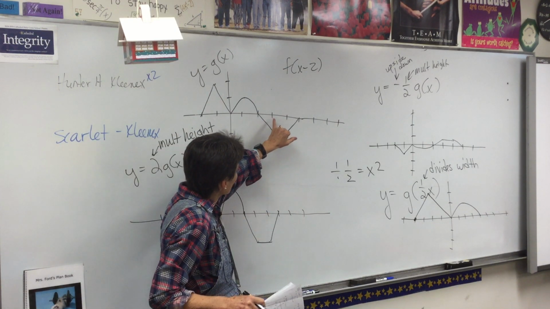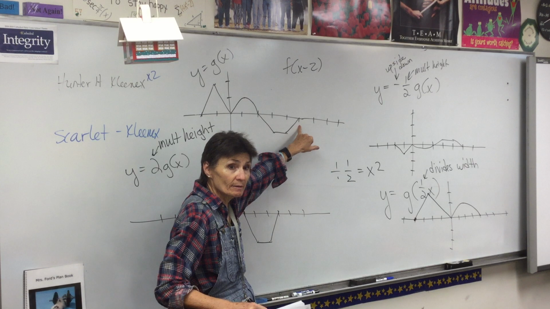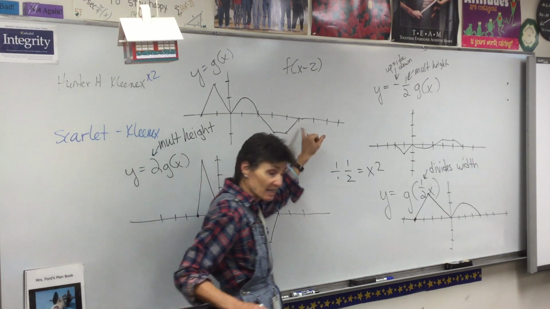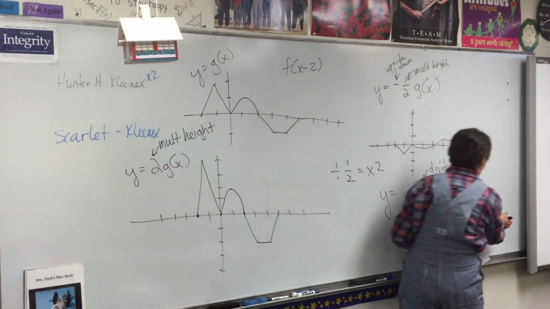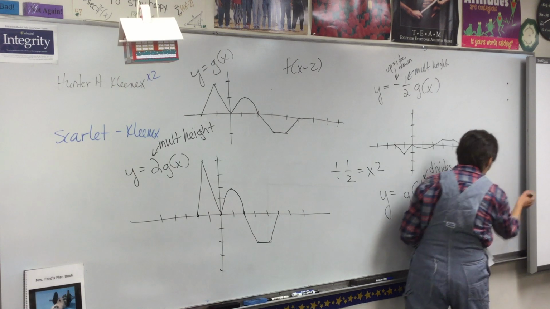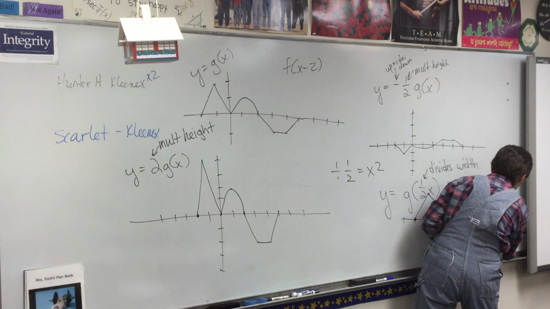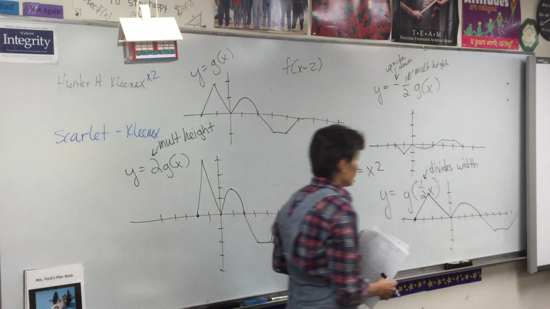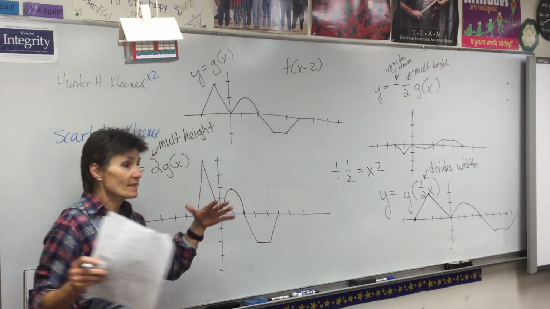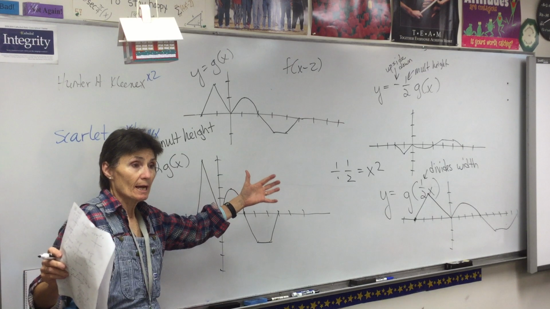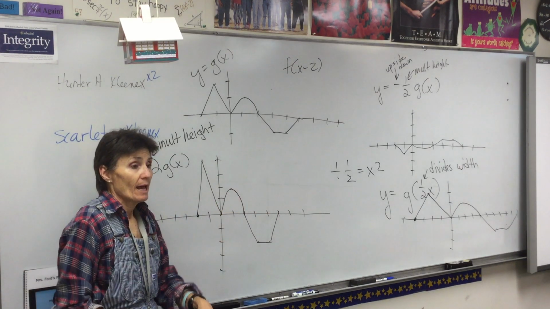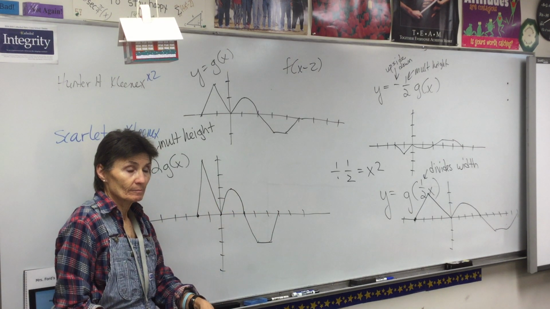And then the trapezoid is 1, 2, 3. So it's going to be 6 across. Sorry about that, I'm clear over here out of the vision. But it's going to look like that. So everything is twice as wide as it was in the beginning.